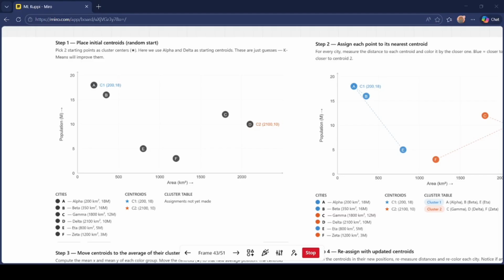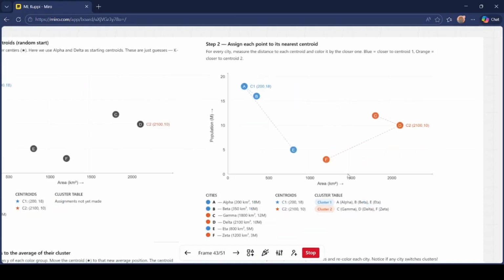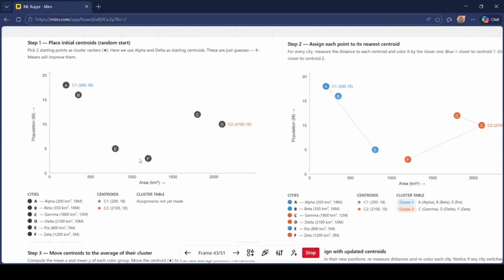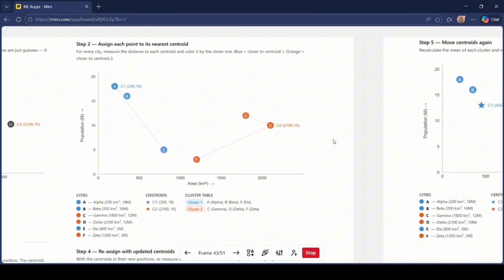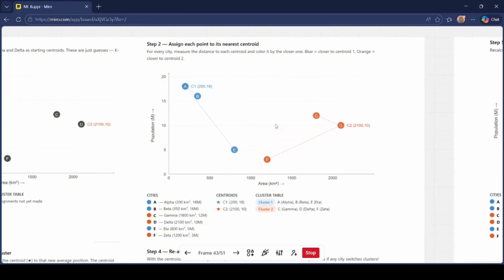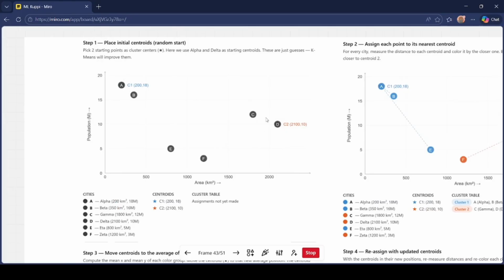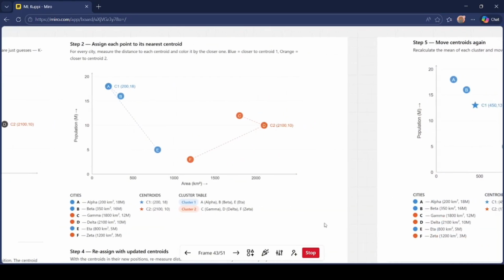And then we're moving to the next step. Out of the 6 cities, since we want two groups, we are taking 2 points randomly as the centroids. We have taken two random points. And now in the second step, we are going to cluster them accordingly.